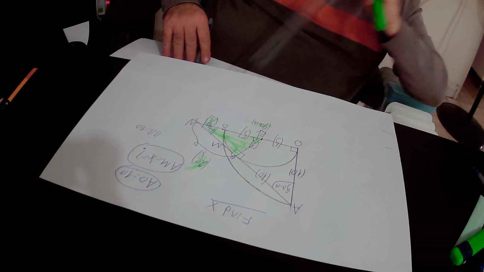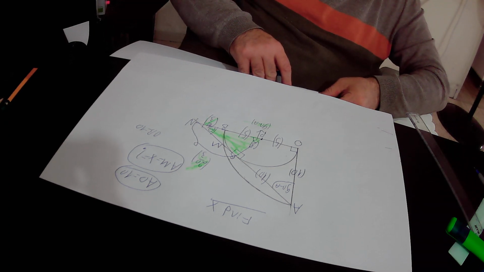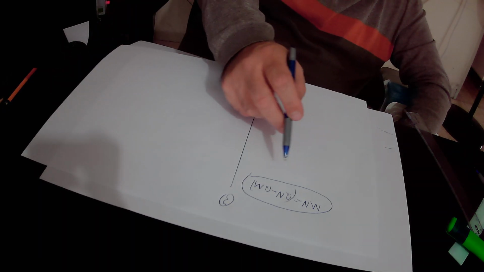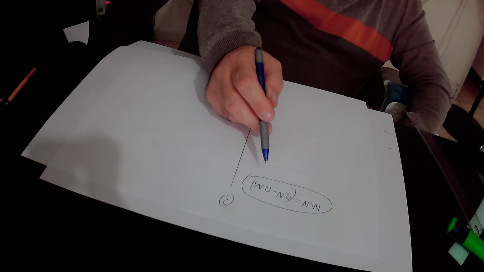Repeat again. From the drawing, it is very easy to see that Mn equals Qn minus Qn.